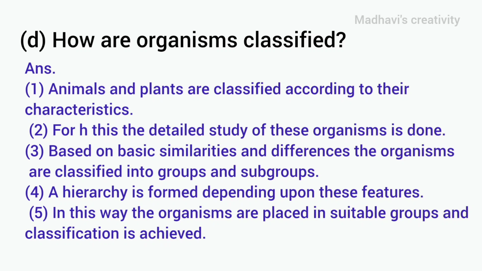Third, based on basic similarities and differences, the organisms are classified into groups and subgroups. Fourth, a hierarchy is formed depending upon these features. Fifth, in this way, the organisms are placed in suitable groups and classification is achieved.